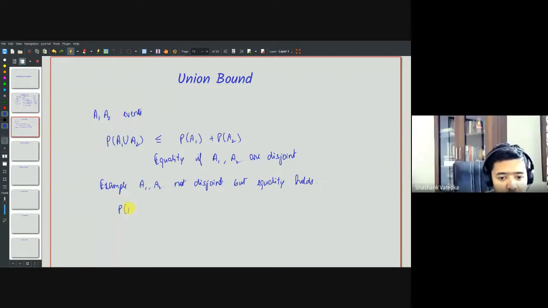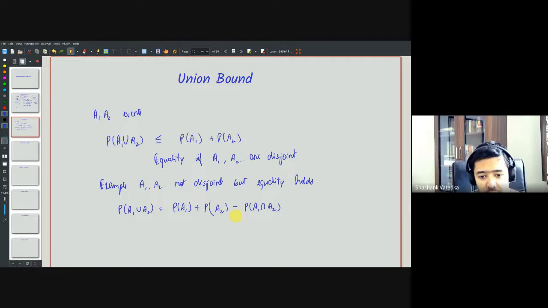So the probability of A1 union A2 is equal to the probability of A1 plus the probability of A2 minus the probability of A1 intersection A2, correct? Now is it possible for A1 and A2 to be not disjoint, which means that A1 intersection A2 is not empty, but equality still holds?